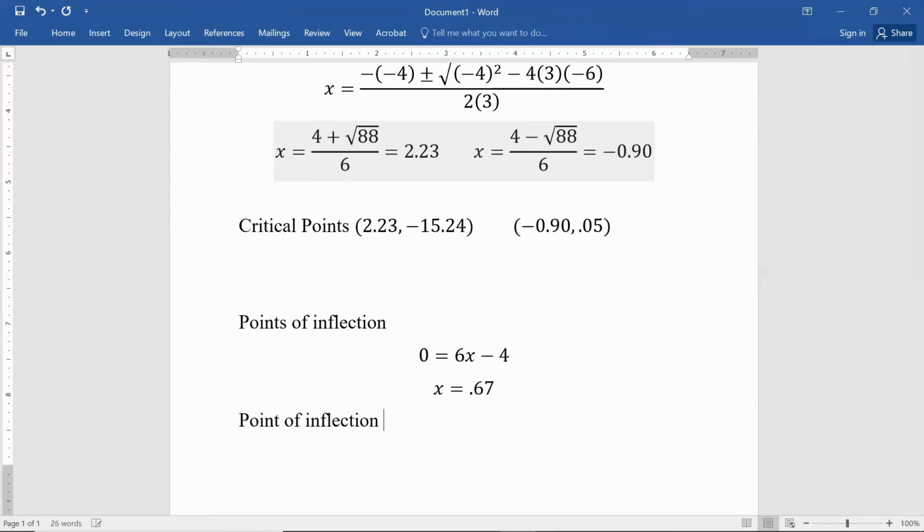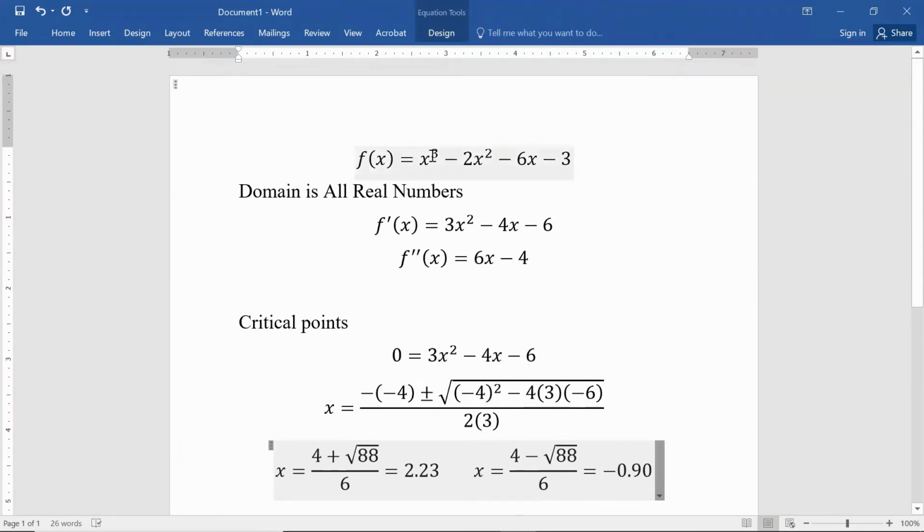would be what you get when you plug in 0.67 into the original function f of x. Let me go ahead and do that. I haven't done that yet. 0.67 cubed minus 2 times 0.67 squared minus 6 times 0.67 minus 3.